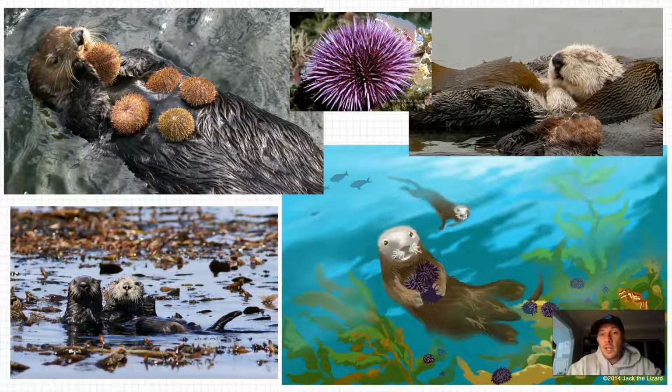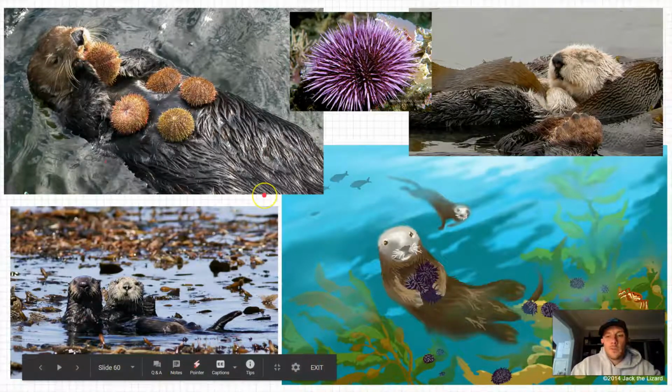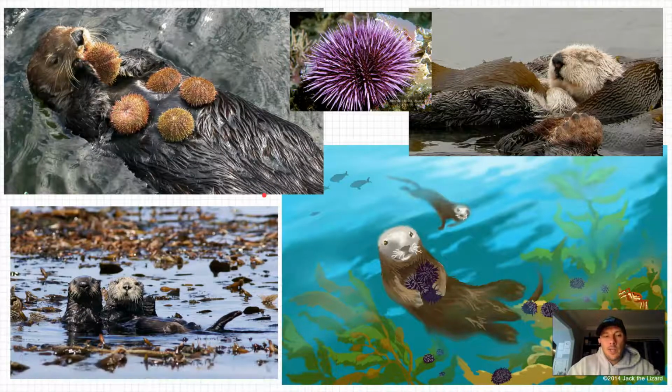Sea otters eat a variety of things, mollusks as well, but they really specialize in feeding on sea urchins. It's one of their favorite foods. They will gather them up, as you can see here, and they can just crush them with their molars. They can use rocks to break them and stuff as well, but it's one of their main food sources. Now, sea otters will then keep the sea urchin population in check.